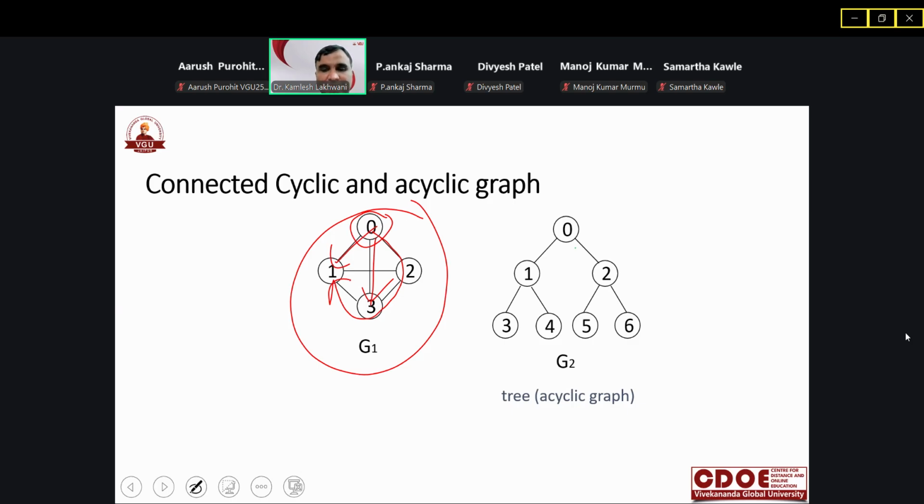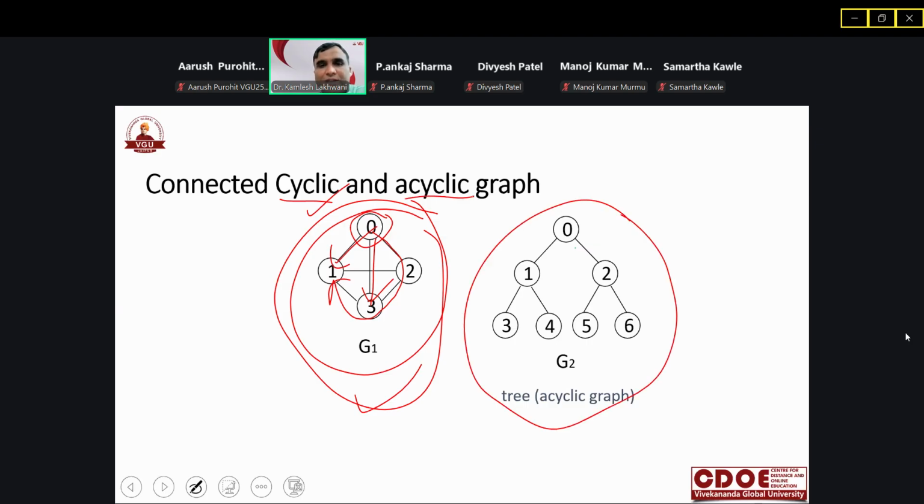In this graph, this is called cyclic because there are multiple paths to reach another node. So that kind of graph is called cyclic. And this graph is called connected but acyclic graph.